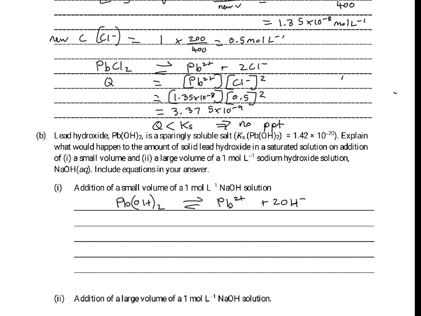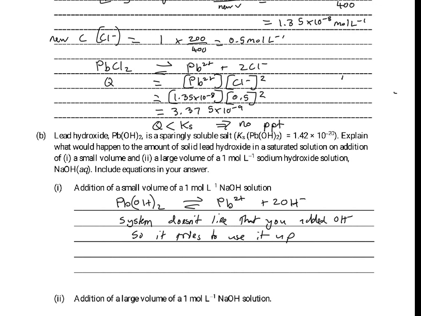So when we add a small volume of sodium hydroxide, you are adding hydroxide to the system. And if we look at this equilibrium expression, we can see that it contains hydroxide. So when you add hydroxide, the system doesn't like it. It's going to try and minimize the change. It's going to try and use up all of that excess hydroxide. So the system doesn't like that you added OH minus, so it tries to use it up.